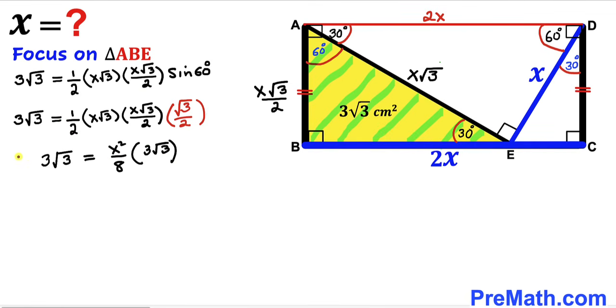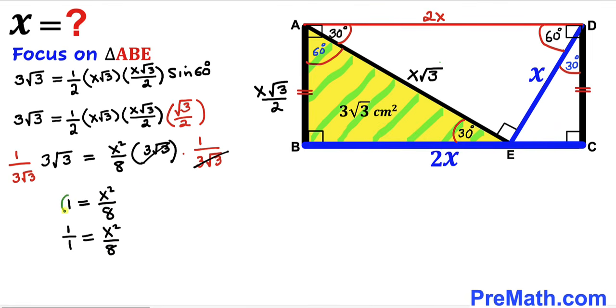And now I am going to multiply both sides by 1 divided by 3 times square root of 3, and I'm going to multiply on this side 1 divided by 3 times square root of 3 as well. And here we can see this cancels out with this one, and this time this is going to give us simply 1 equals x square divided by 8.